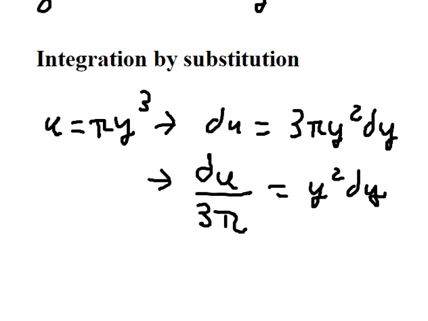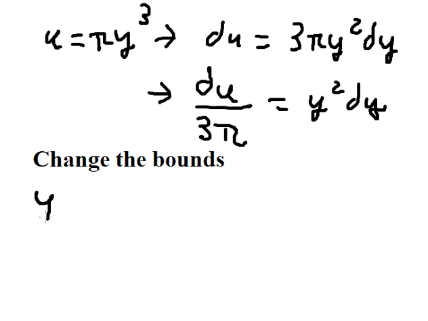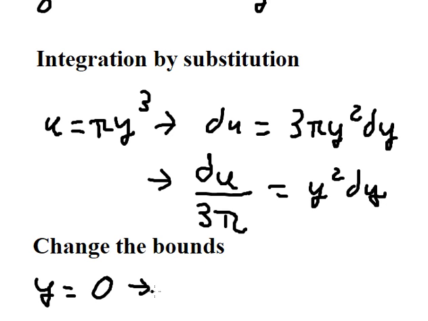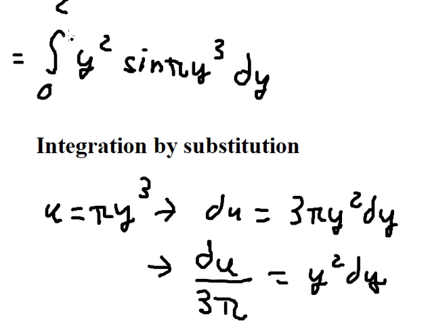Next, we need to change the bounds. So when y equals to number 0, that's it from here. And we put number 0 into here to find the value of u. So u equals to number 0. When y equals to number 2, that is from here. And I will put number 2 into here.